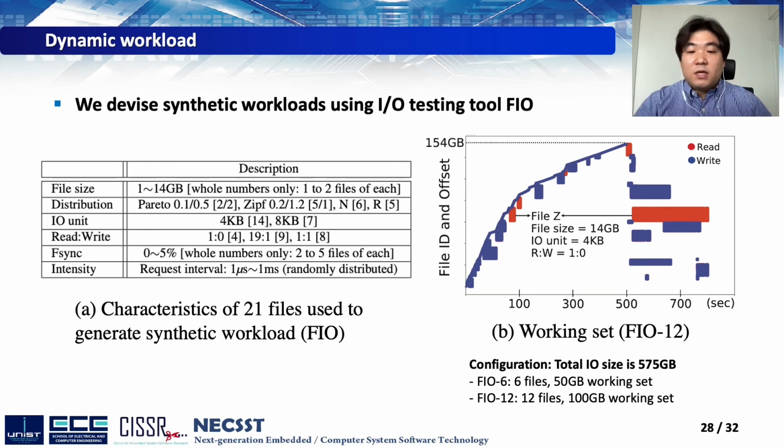Figure B shows how the working set of FIO12 changes, where the y-axis represents all locations accessed per file with time on the x-axis. After the dataset is created, we can see that the maximum working set size is about 100 GB.